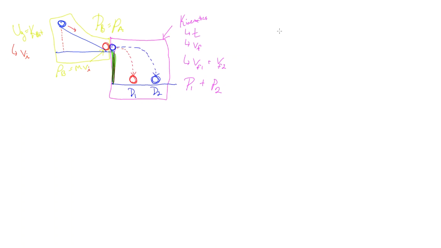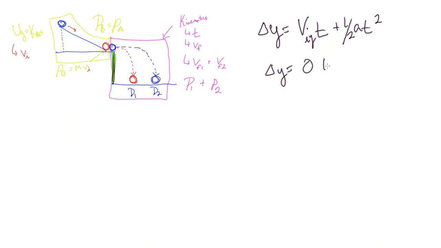So what do I got over here? Kinematics: you're going to record delta y. We're going to say delta y equals the initial velocity in the y direction times time plus 1/2 a t squared. Your delta y here would be the height you recorded. So you can then say the time it takes this to fall, let's do a little bit of algebra here real quickly, is delta y equals initial velocity in the y direction, which once the ball leaves this horizontal plane is 0, plus 1/2 a t squared.